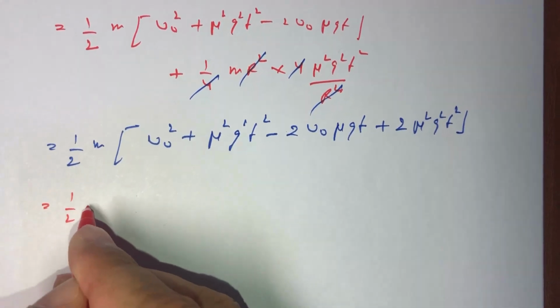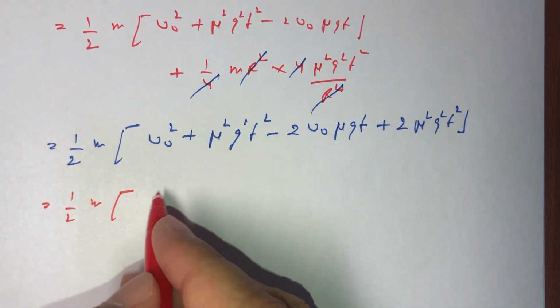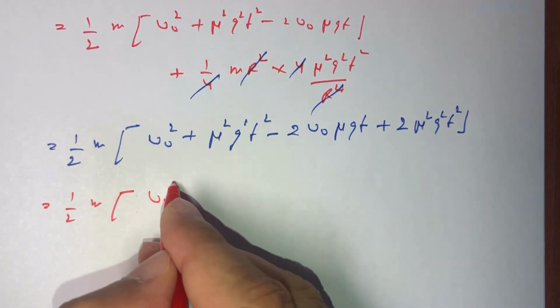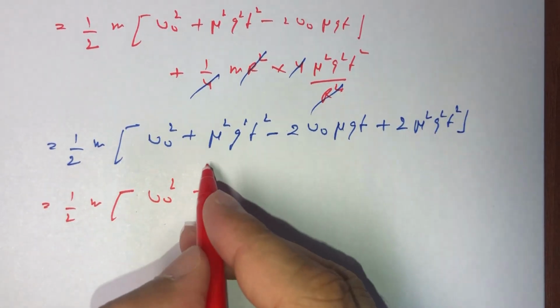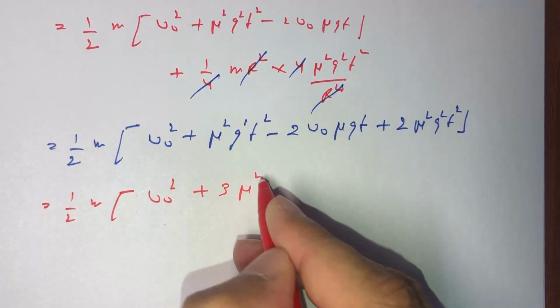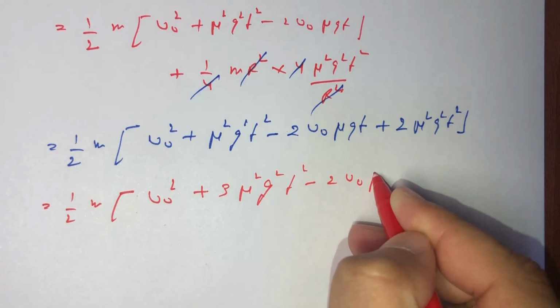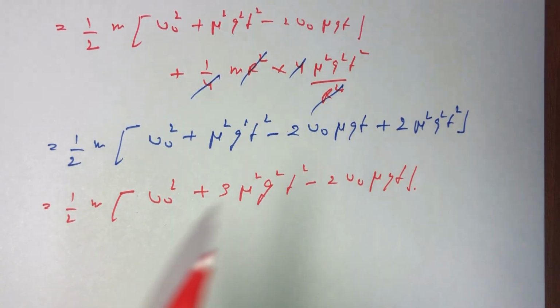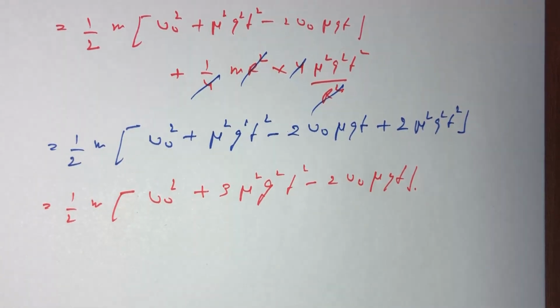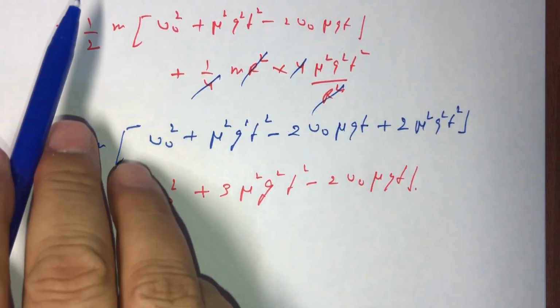This is equal to half m, V naught square plus 3 mu square g square t square minus 2 V naught mu g t. So now we found out kinetic energy final.